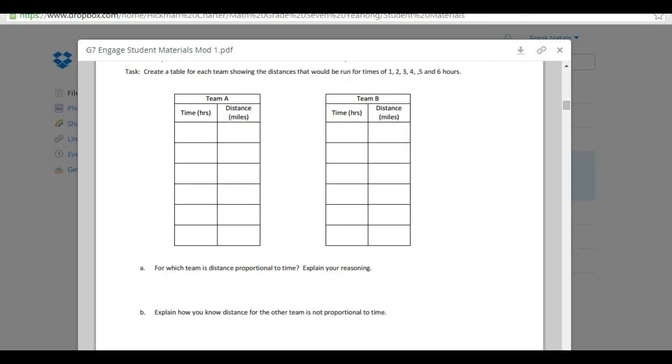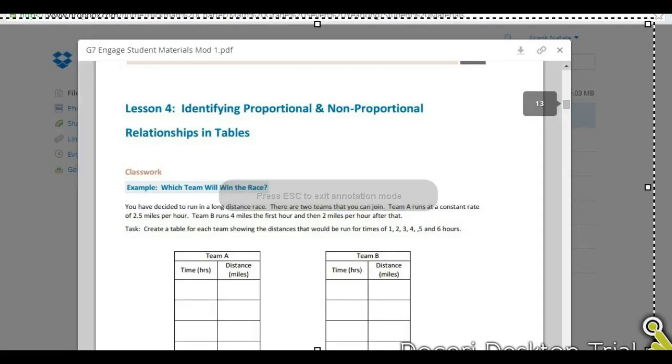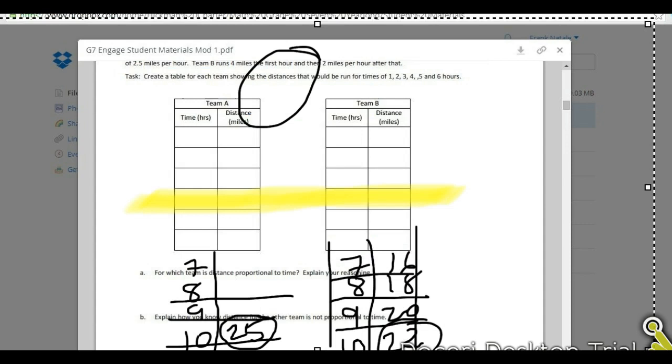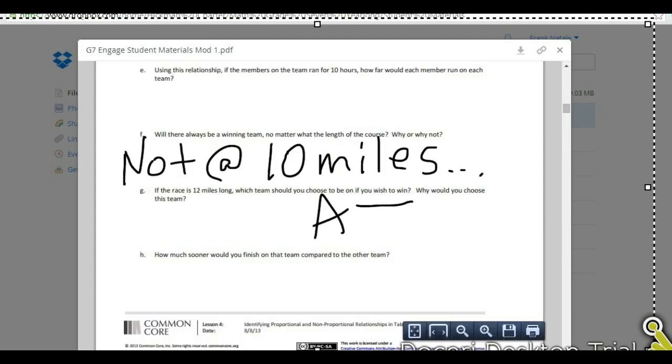Okay, and then finally, the last question there asks us how much sooner would Team A finish than Team B. So let's go ahead and read that question as it's written here. I've made such a mess out of this. So sorry. There's H. How much sooner would you finish on that team, which is Team A, compared to the other team?